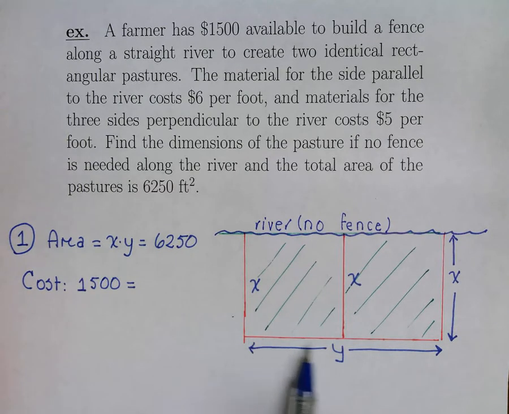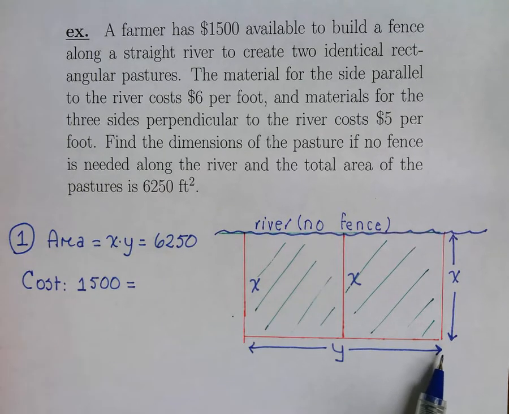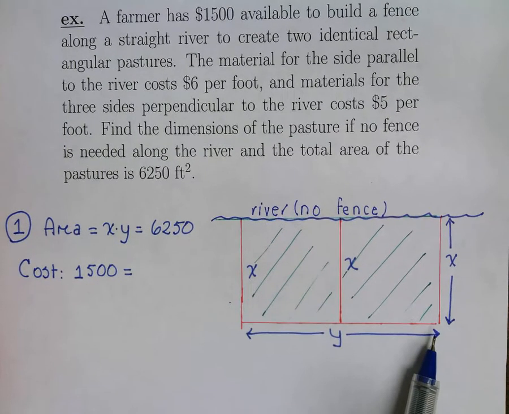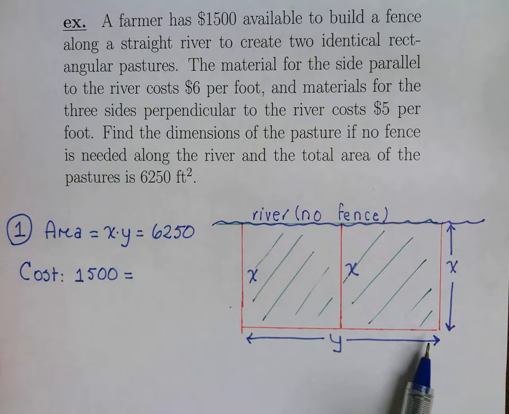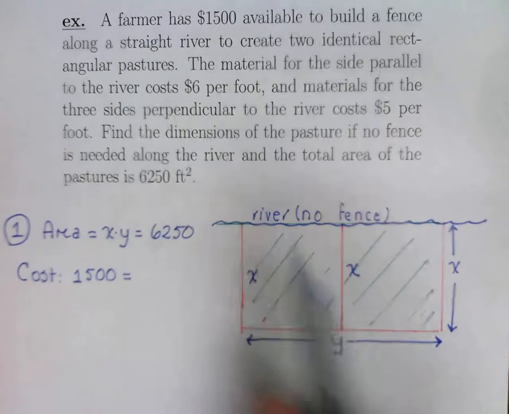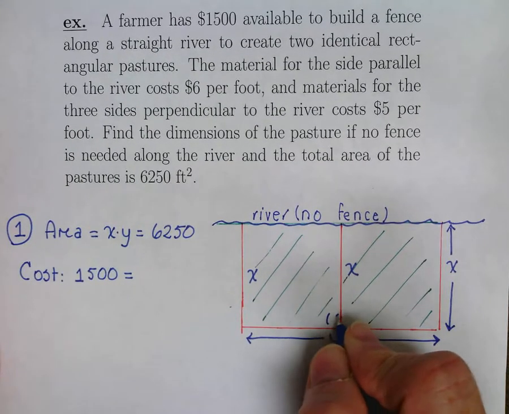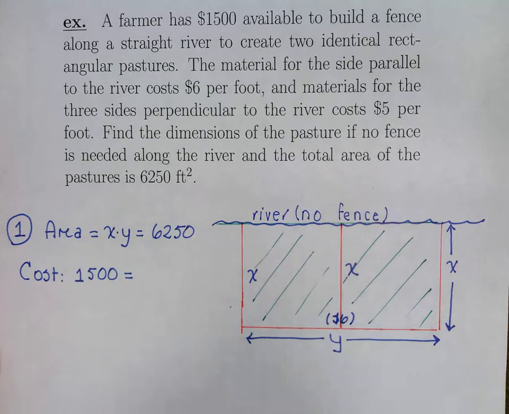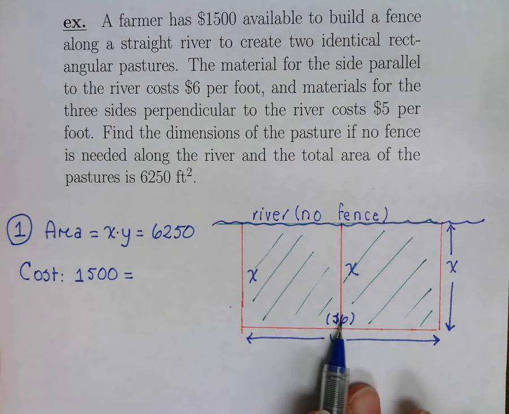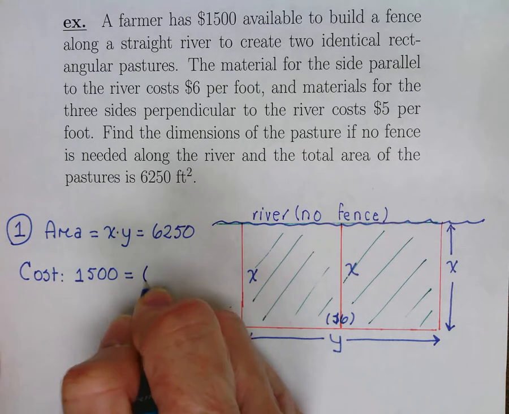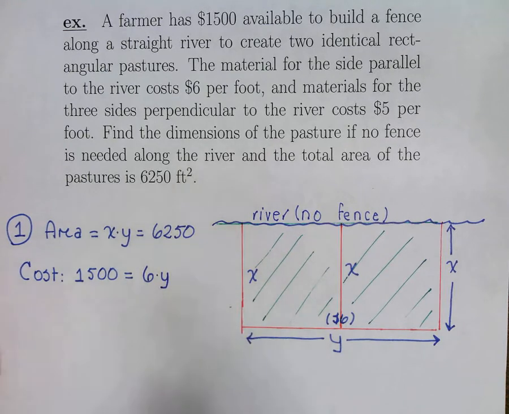Let's just look at the one long side, assuming it ends up that way, the way I've drawn it. We're told that the material for the side parallel to the river costs $6 a square foot. And how many square feet do we have? y. So the cost is 6y, the cost per square foot times the number of square feet.